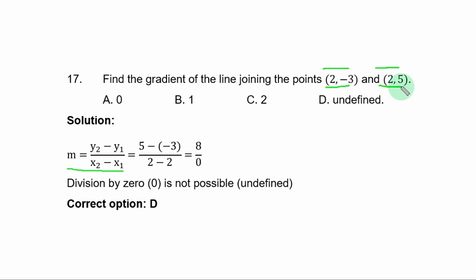If you replace the respective values in the formula, you have this result. 5 minus -3 is 8. 2 minus 2 is 0. So you have 8 over 0. You cannot divide anything by 0. So the gradient is undefined. D is the correct option.